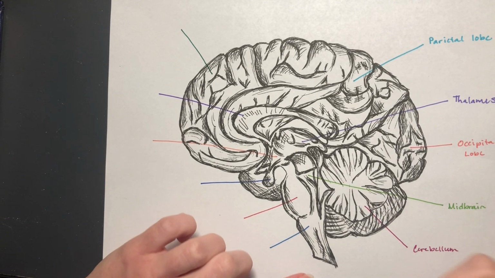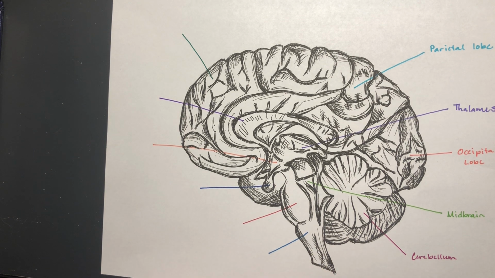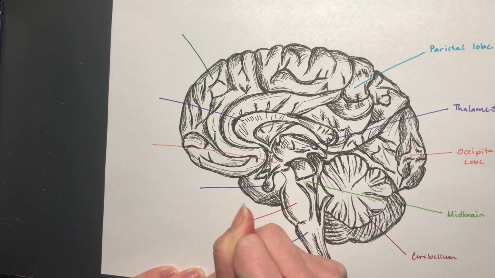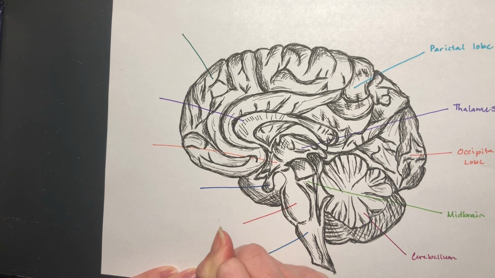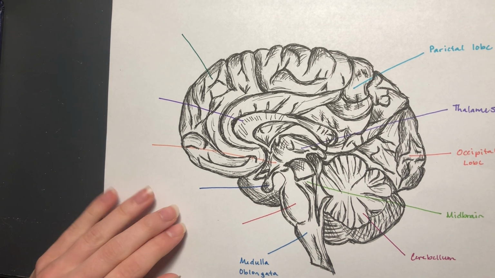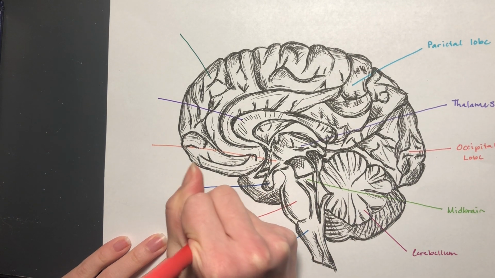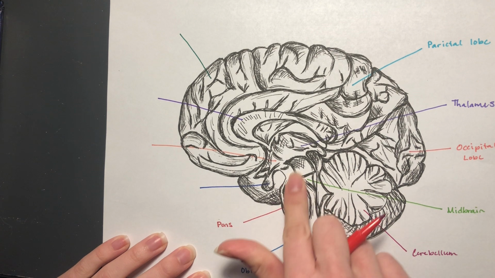Moving on, we have the medulla oblongata, which is down here. The function of this structure is to regulate the respiratory system. Following that, we have the pons, which is in the central location here.